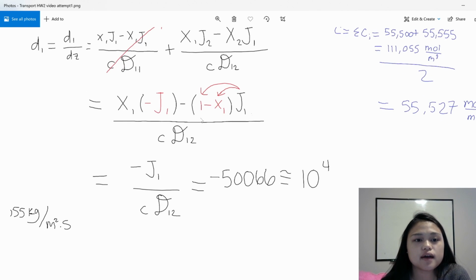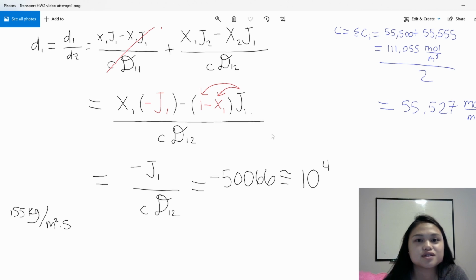So then you can simplify that out, and you will cancel out a negative mole fraction of 1 times the molar diffusion flux of 1 with the positive of the molar diffusion flux times the mole fraction of component 1.